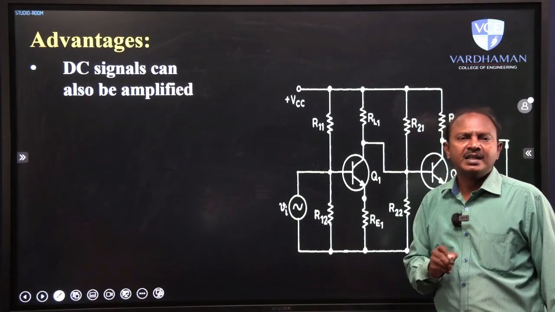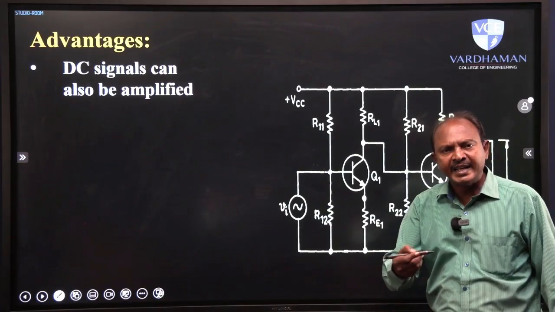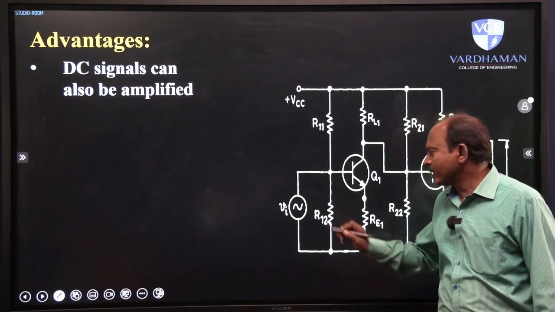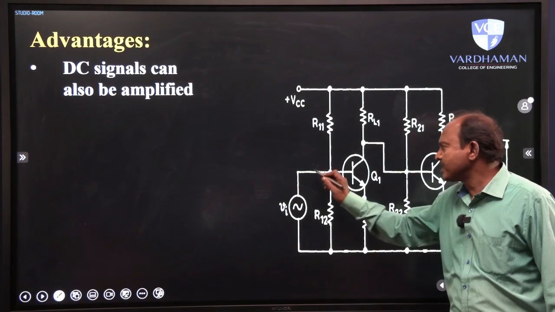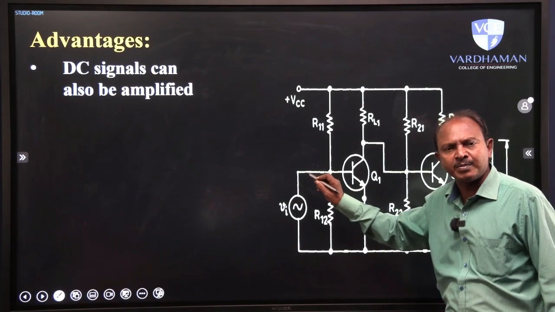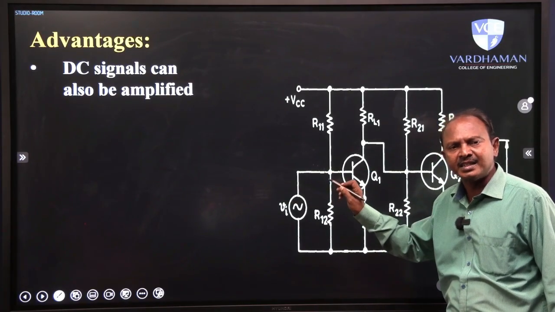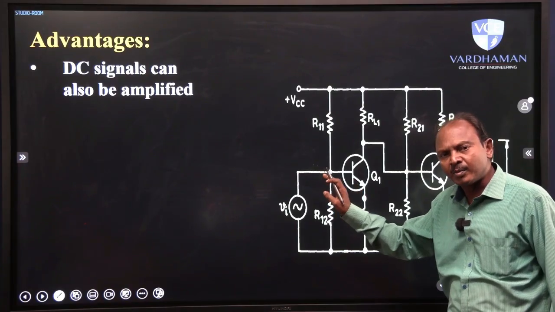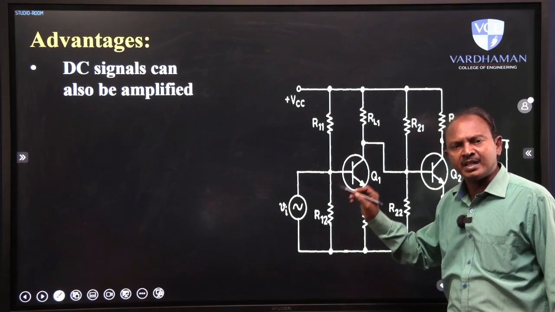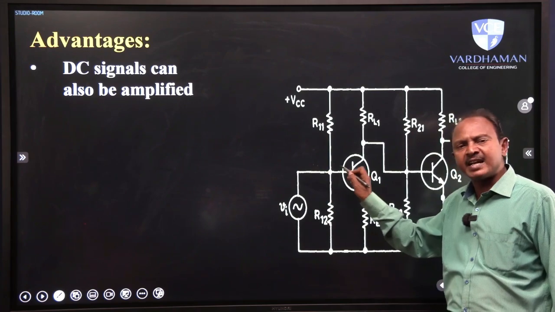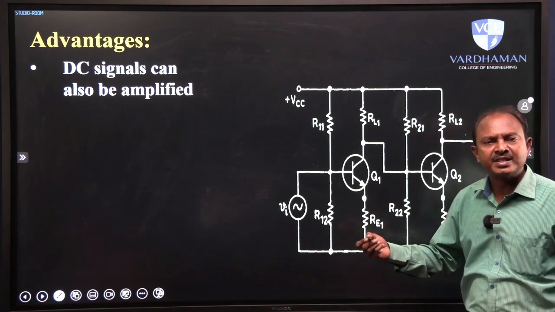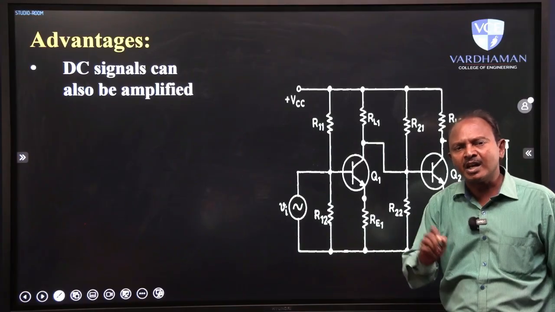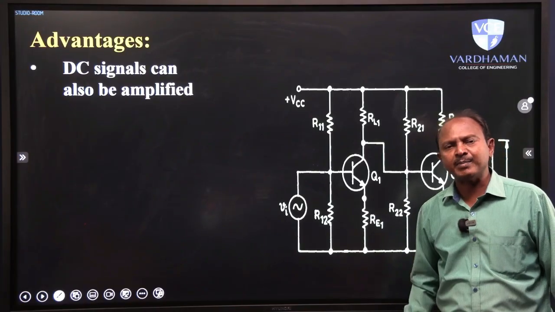On the other hand, if you want DC signals to be amplified, you can apply the DC signal to the amplifier directly, because there is no capacitor or reactive element connected here. DC signals cannot be blocked by this direct coupling scheme. Therefore, DC signals can be given as input to the first stage, so that amplification is possible for DC signals also, which is not possible in RC coupled amplifiers.